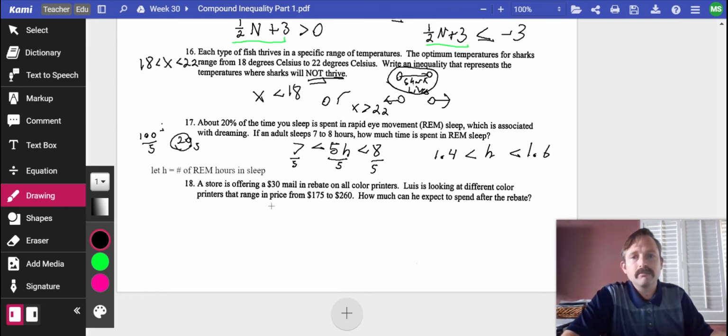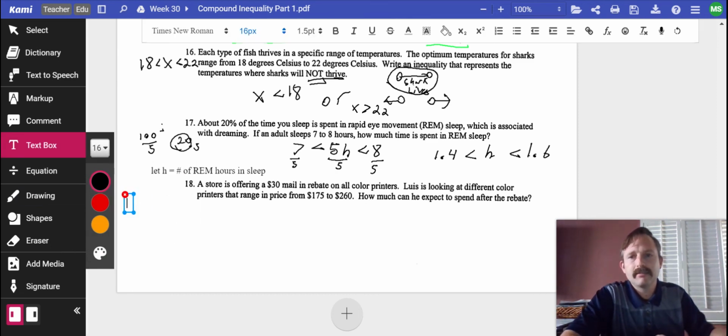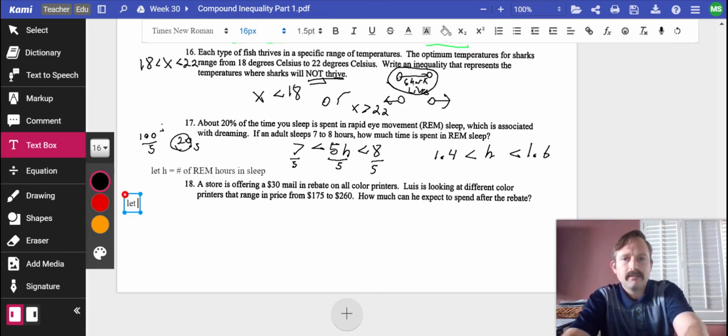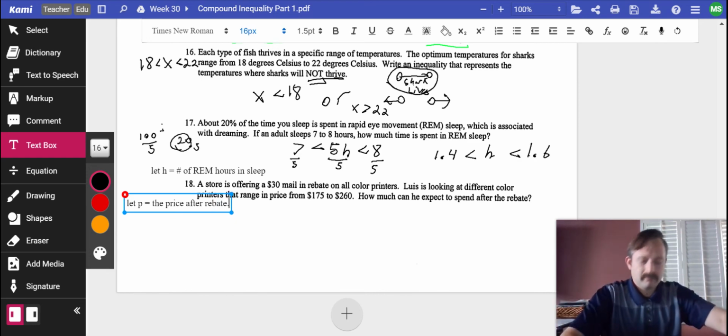Okay, well, let's put price of printer. So let P equal price after rebate. Okay.